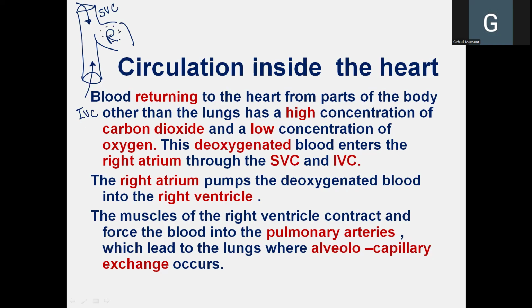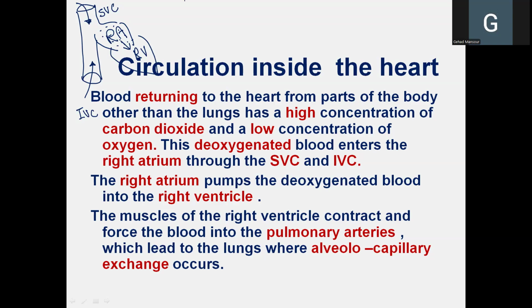So all this will accumulate in the right atrium, and then the right atrium will pass this deoxygenated blood that it collected from the whole body into the right ventricle.